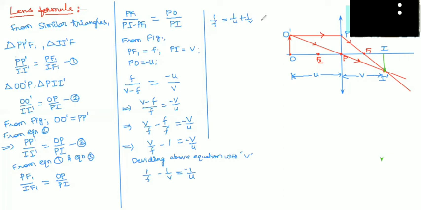So this 1 by V, when it comes to the left side, plus 1 by U it will become. So 1 by V minus 1 by U it will be.